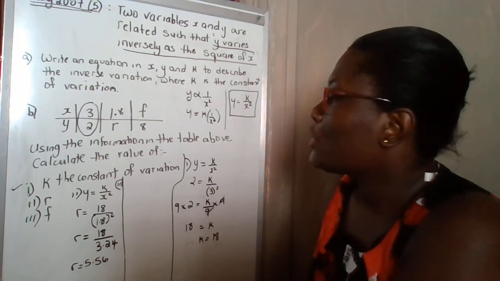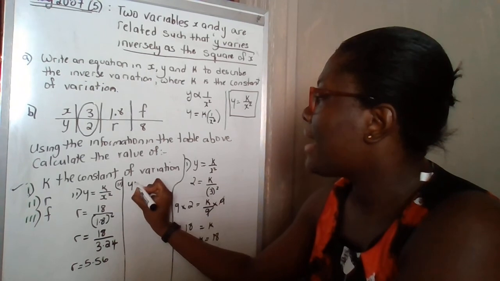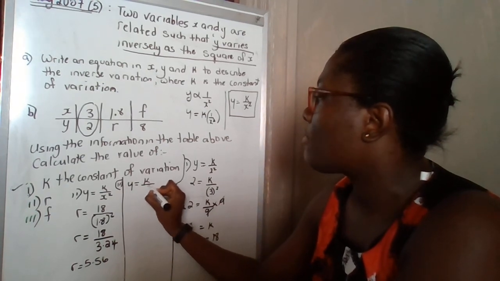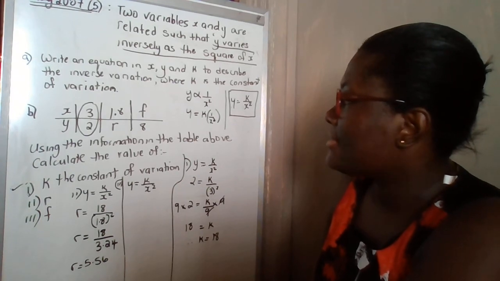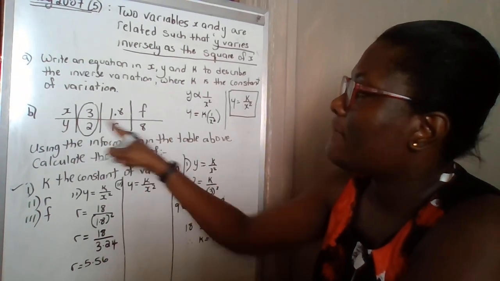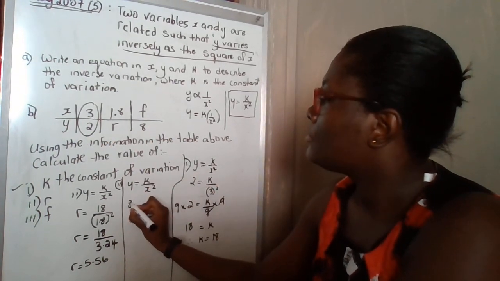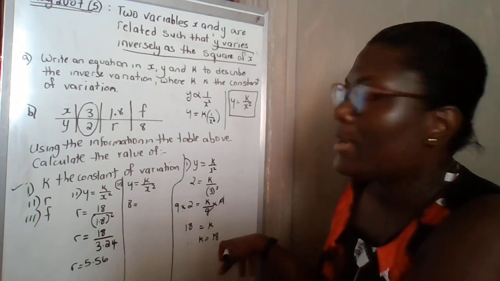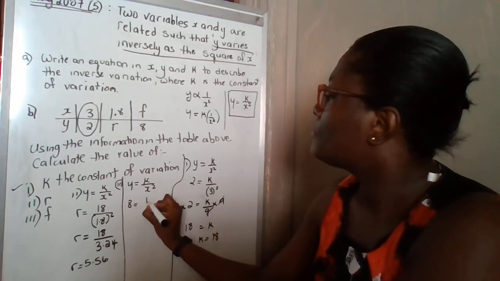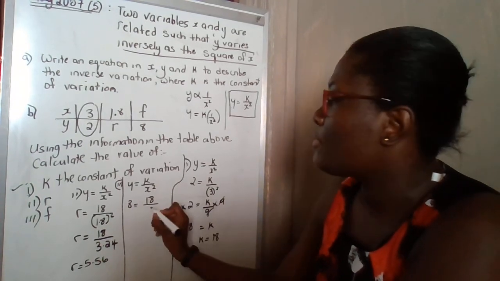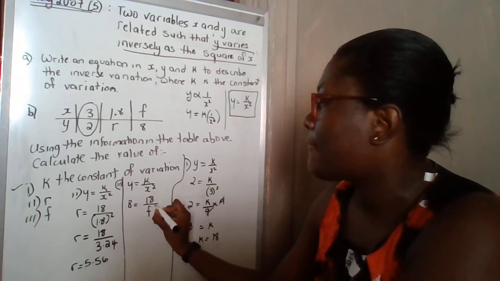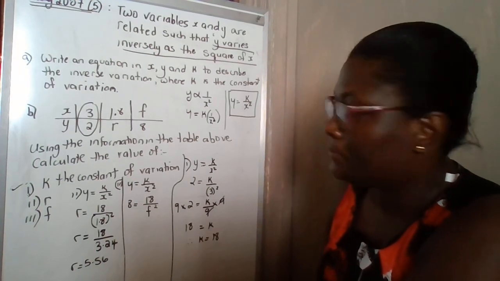All right. So same formula, y is equal to k over x squared. Now in this case, y is now the value of 8. K as we know it is 18. And of course, x is represented by the letter f. So we put f squared.